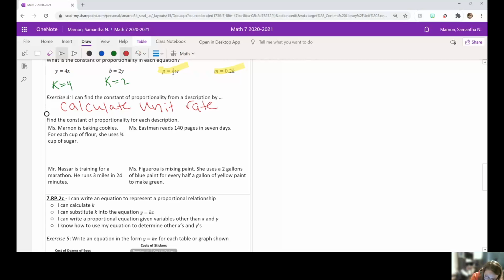For each cup of flour, she uses 3/4 cups of sugar. So for each cup, that's 1 cup, 3/4 cups of sugar. So we can do 3/4 sugar divided by 1 cup flour. And that's it right there. It's 3/4 divided by 1. It's just 3/4 cups of sugar per cup of flour.